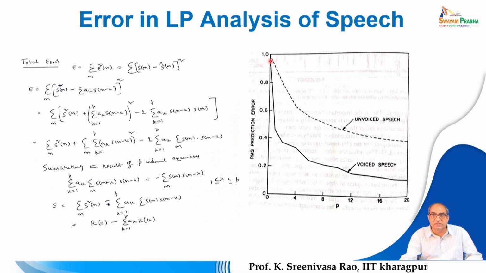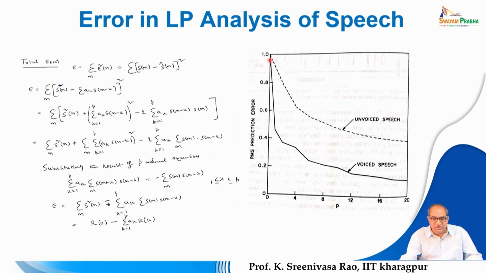It is nothing but the summation of the squared sample values. So, S of n square is nothing but the energy of the signal. Since the scale is kept as 1, whatever error analysis is shown in these plots will be normalized error, normalized with respect to R of 0, because you get a maximum error of R of 0.